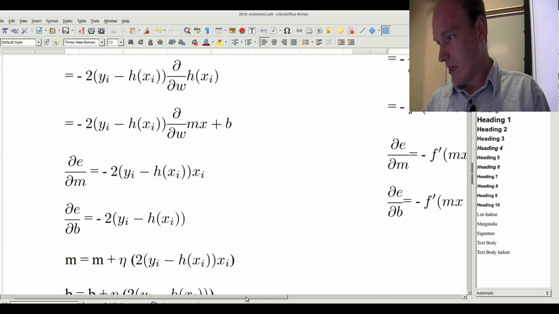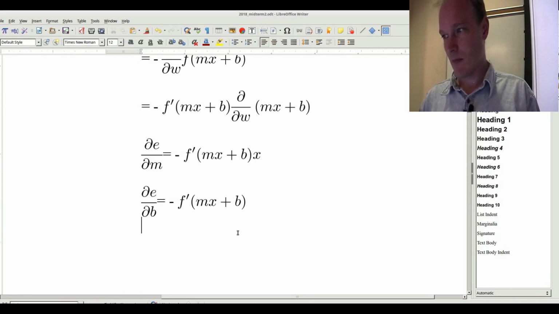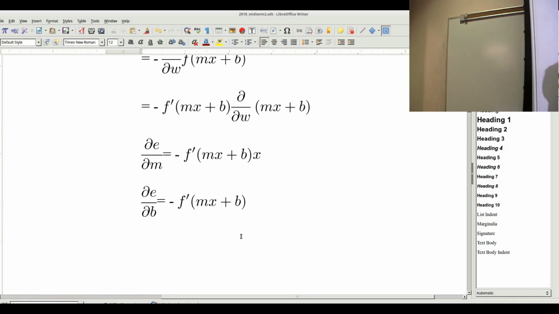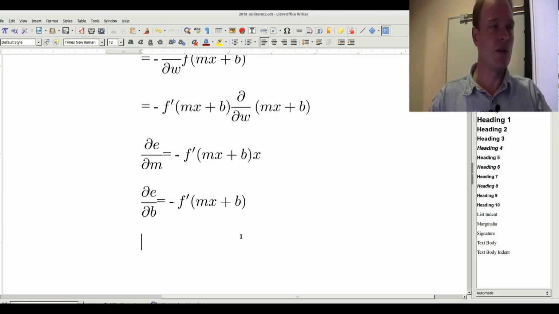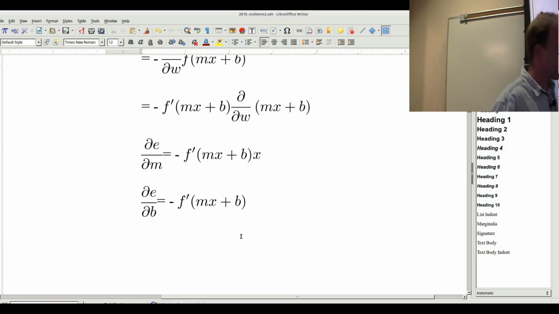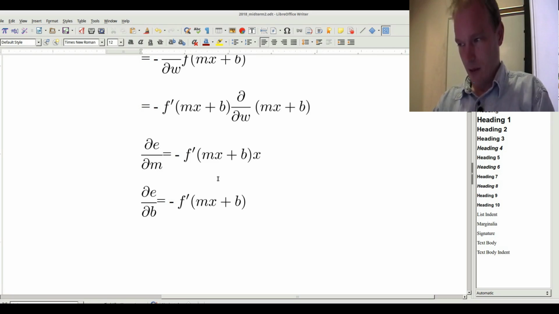Here are our two gradients. We have a gradient of our error function with respect to m and a gradient of our error function with respect to b. And if we want to improve our model, which we do, we want to subtract these gradients from them.